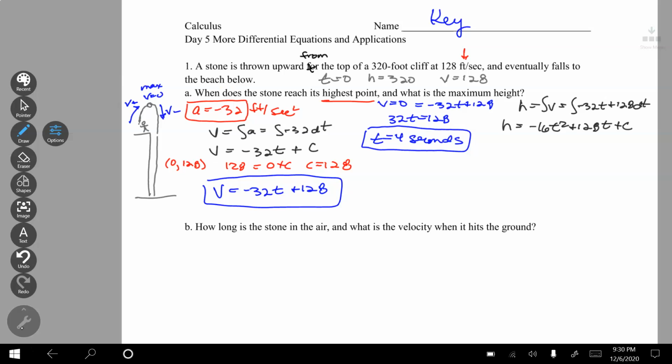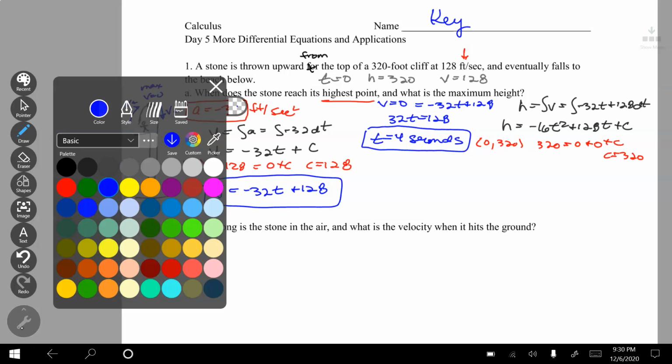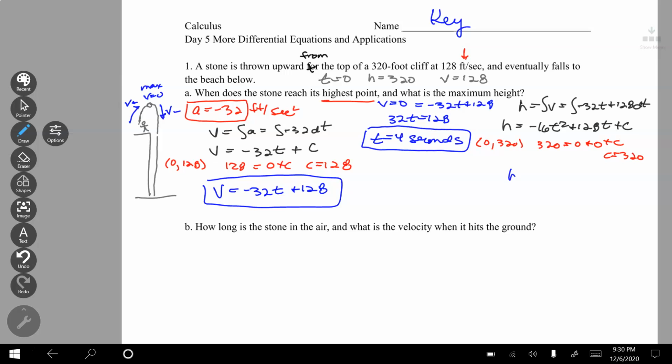I could plug in the 0, 320, or 320 is equal to 0 plus c, or c equals 320. So my height equation is equal to negative 16t squared plus 128t plus 320. That is my height equation.